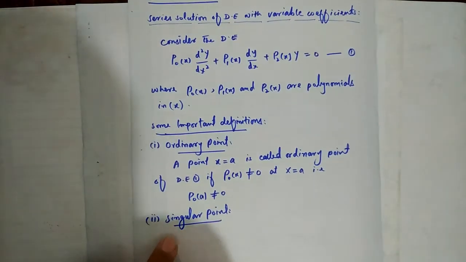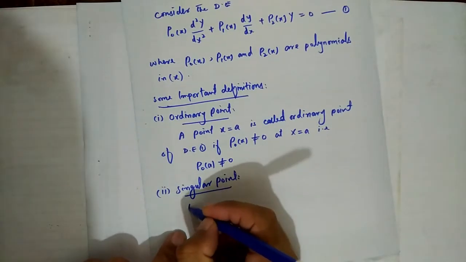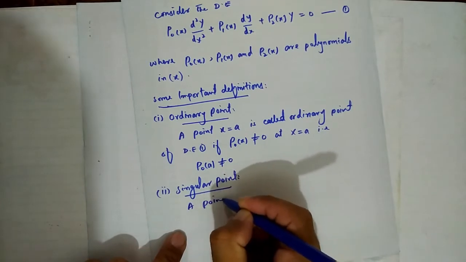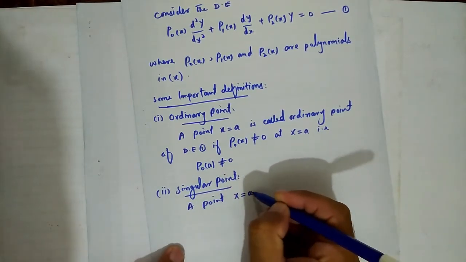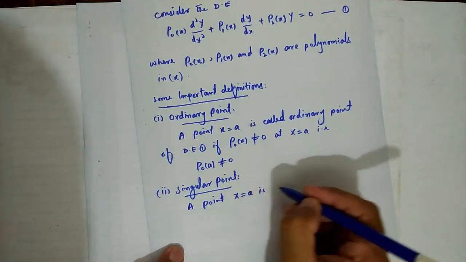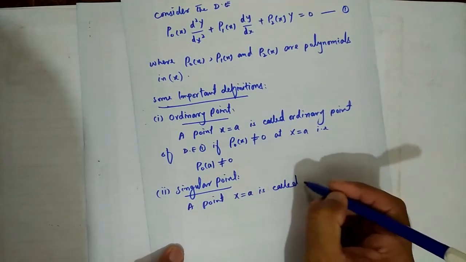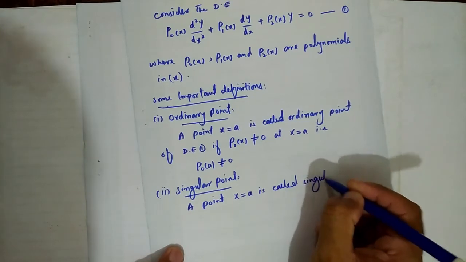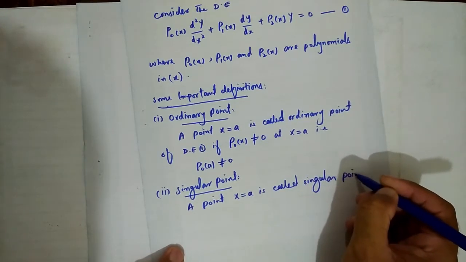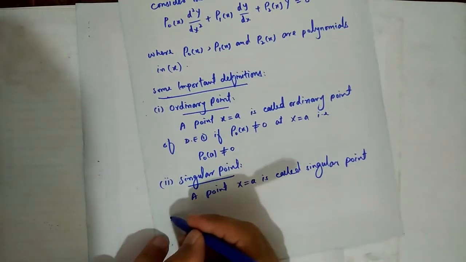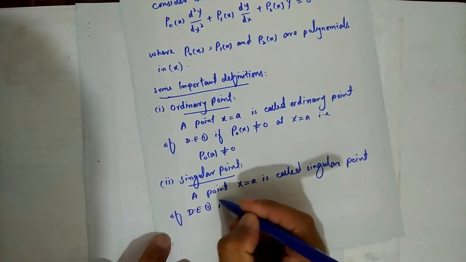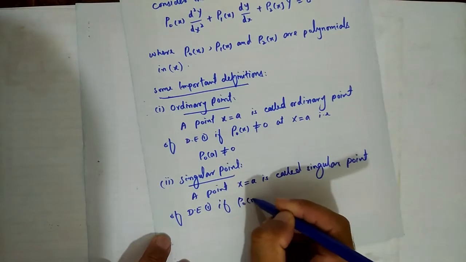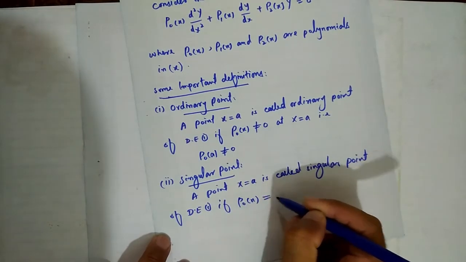Clear? On the other hand, a point at x equals to a is called a singular point of the differential equation 1 if p naught of x is equal to 0.